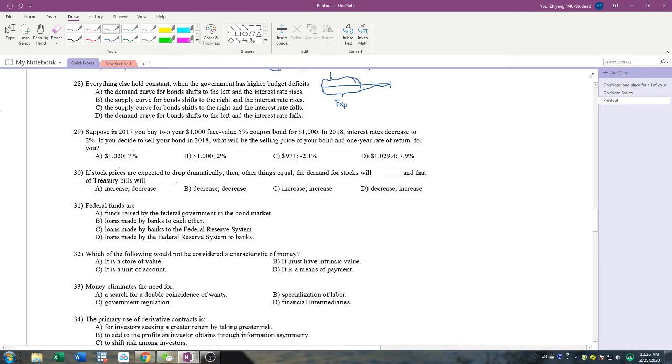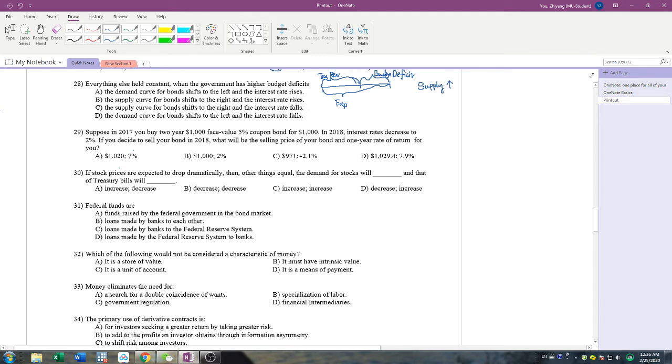So if this is their tax revenue, then this will be the budget deficit. And as you know, all the budget deficit has to be covered by issuing government bonds, right? So when the budget deficit is higher, it just means the supply of government bonds is going to increase.